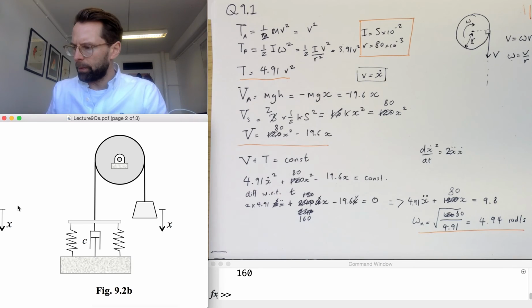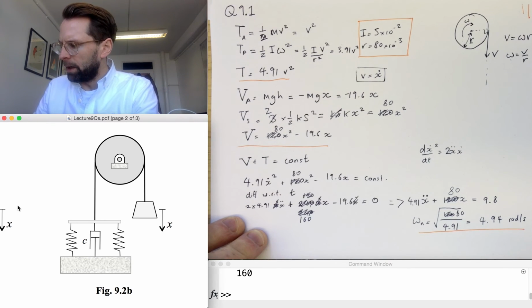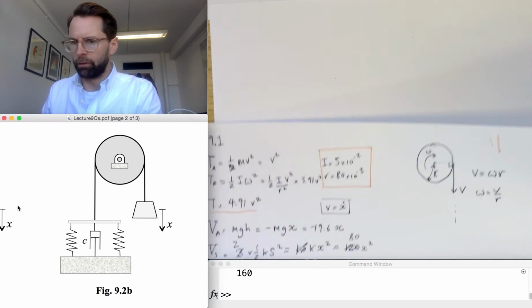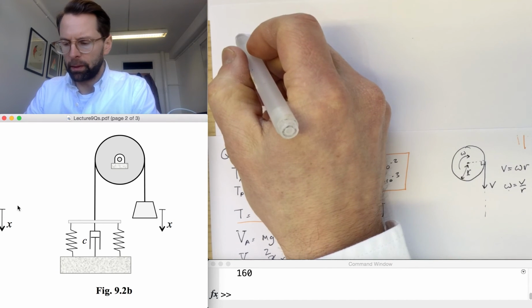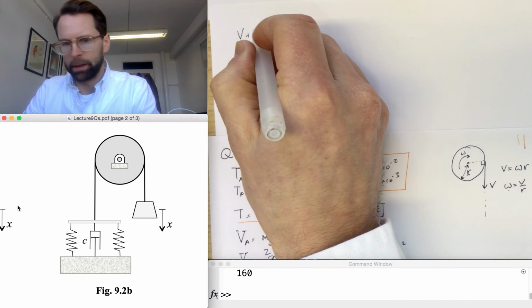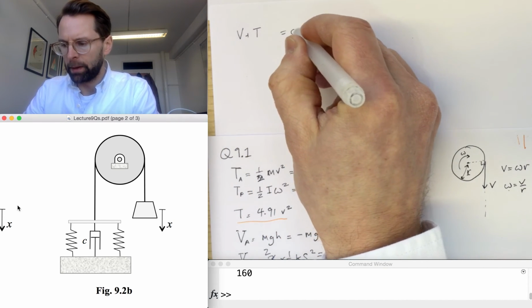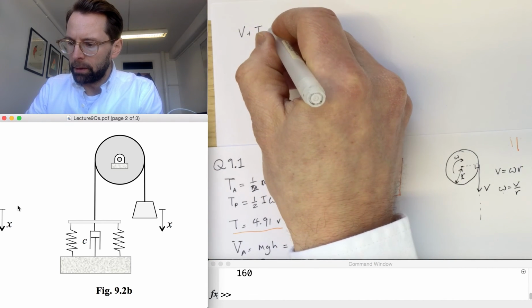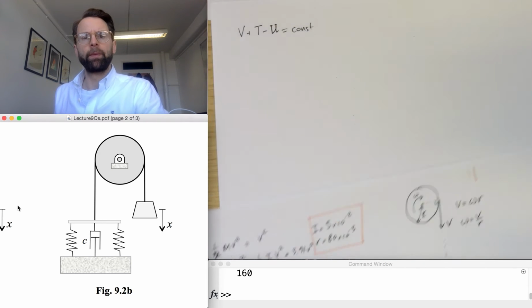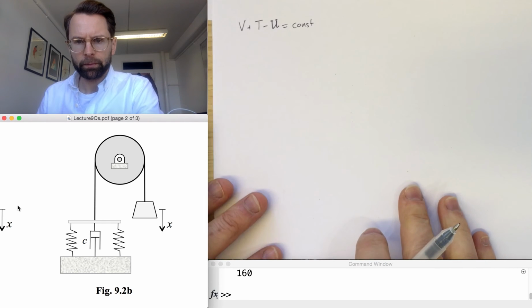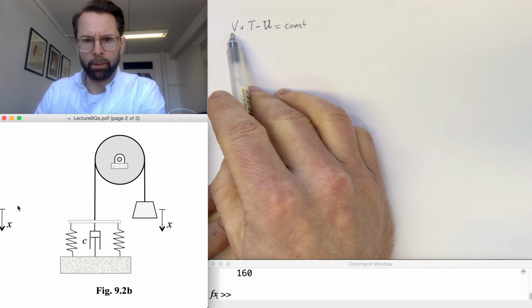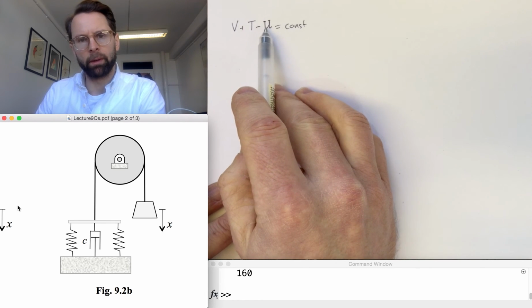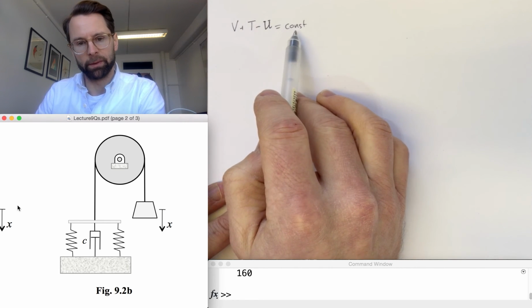So, when dealing with a non-conservative force, we can't use the potential energy plus the kinetic energy as constant anymore. We have to, and this is from lecture 3, use that expression: the potential energy plus the kinetic energy minus the work done by non-conservative forces is constant.